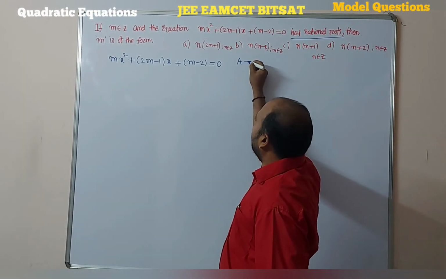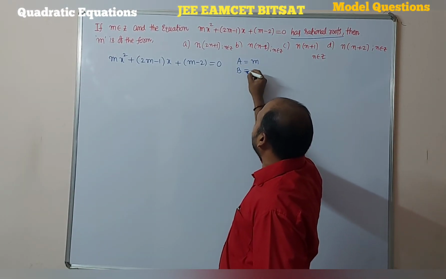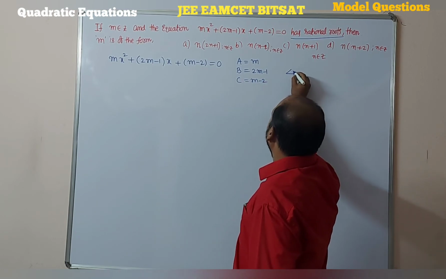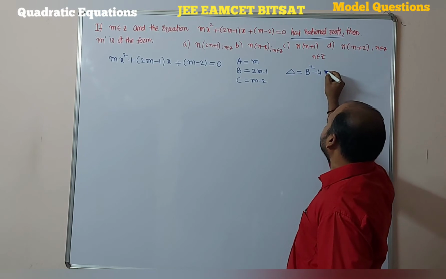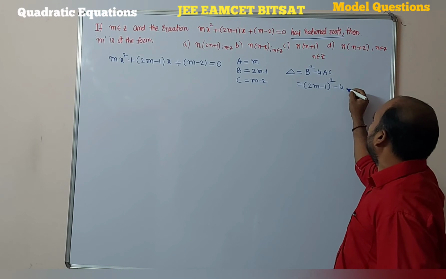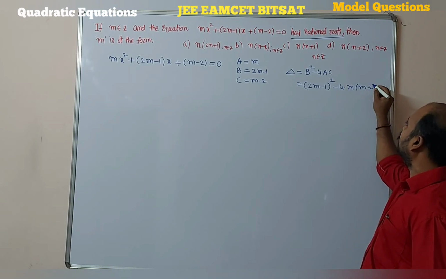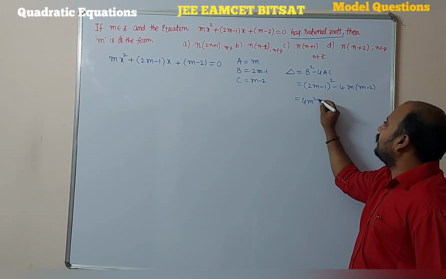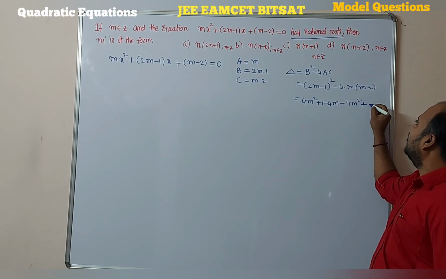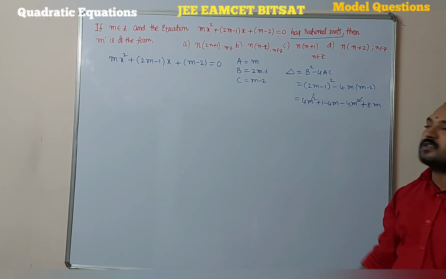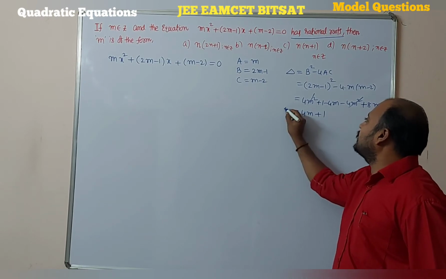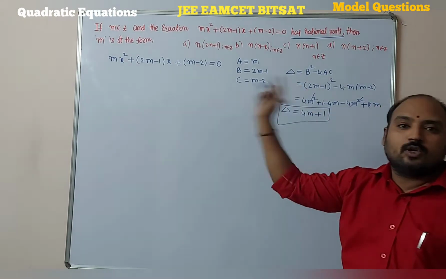So discriminant if you calculate, a equal to m, b equal to 2m minus 1 and c is equal to m minus 2, calculate the discriminant b square minus 4ac, that is equal to 2m minus 1 whole square minus 4 into m minus 2. So 4m square plus 1 minus 4m minus 4m square plus 8m. Minus 4m square plus 4m square get cancelled. 8m minus 4m is 4m plus 1. This is about the discriminant of the quadratic equation.